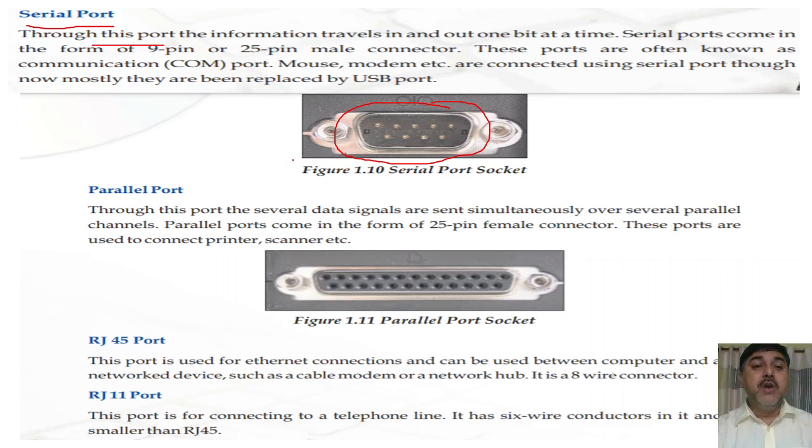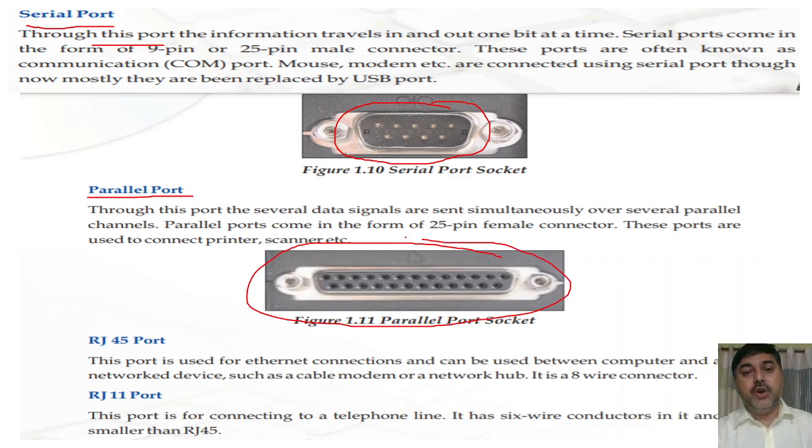Next we have the parallel port system. Parallel port means, as the name suggests, that several data can be sent simultaneously over several parallel channels. There will be parallel channels, through which a 25-pin connector is there. See, this one is a 25-pin connector.